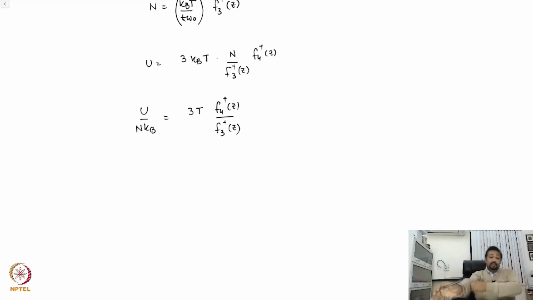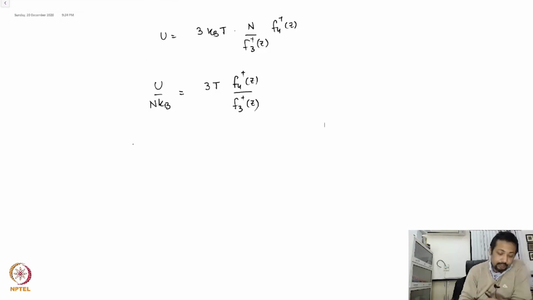So we want to repeat the elaborate calculation, and it's instructive to do it. The specific heat C over NkB is going to be del del T of U over NkB.